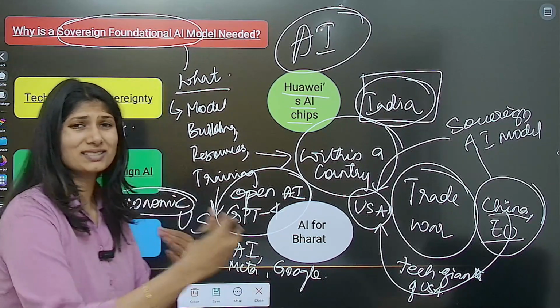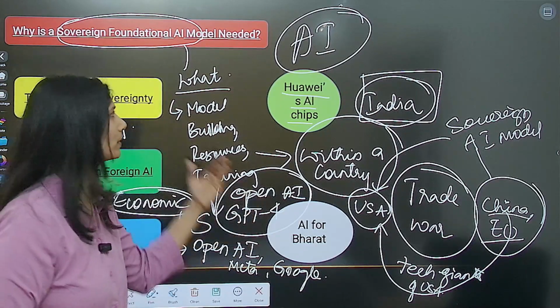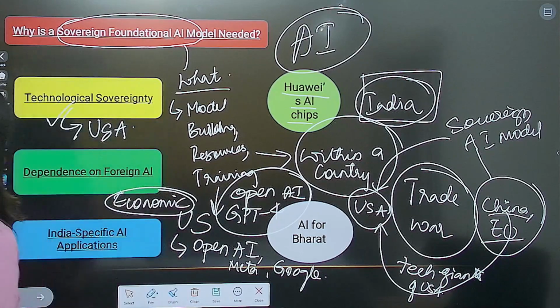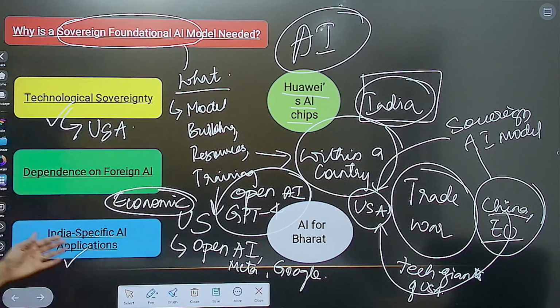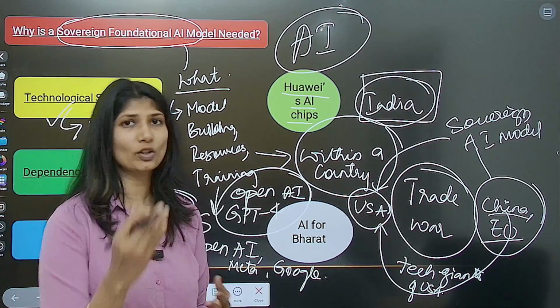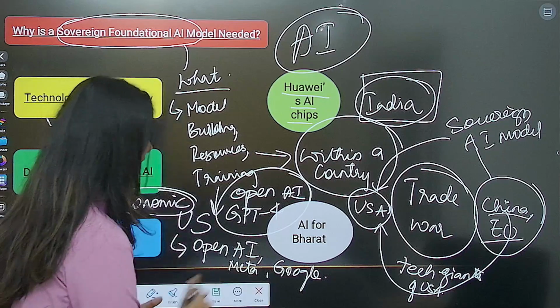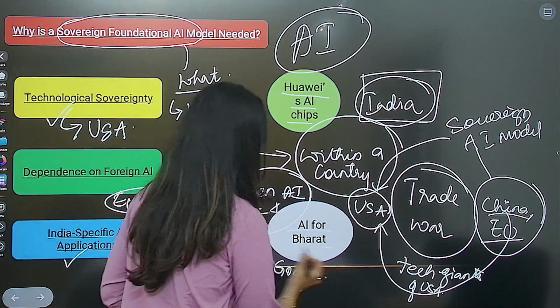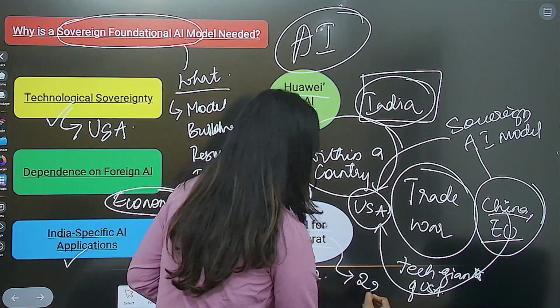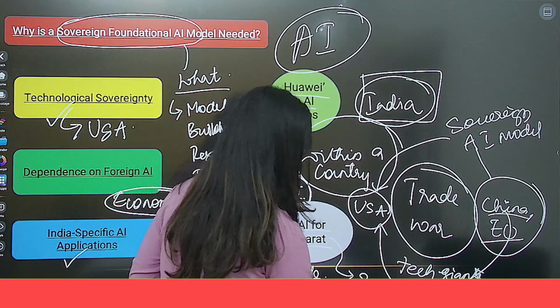So it will cost us more than what it would have cost us had we built one. India-specific AI applications would be better for India because foreign entities do not cater only to us. And also, it is already in progress with AI for Bharat, wherein we can infuse the 22 specific languages.